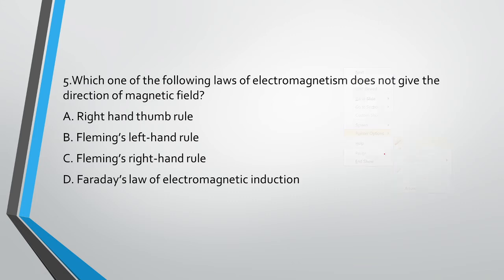So it is very easy, it's option D, Faraday's law of electromagnetic induction. See, Faraday's law is the basic law of electromagnetism, which explains that a magnetic field interacts with the electric circuits to produce an electromotive force, and the phenomenon is known as electromagnetic induction.